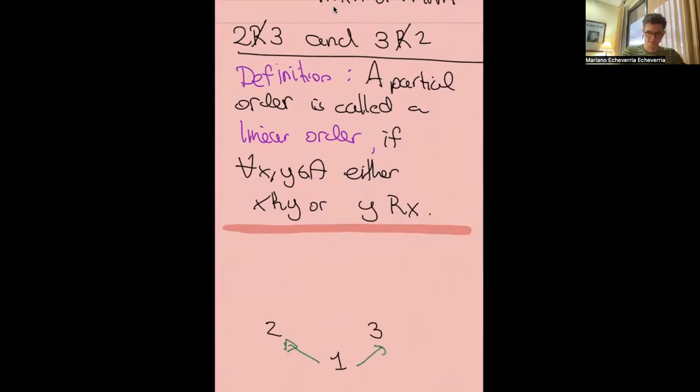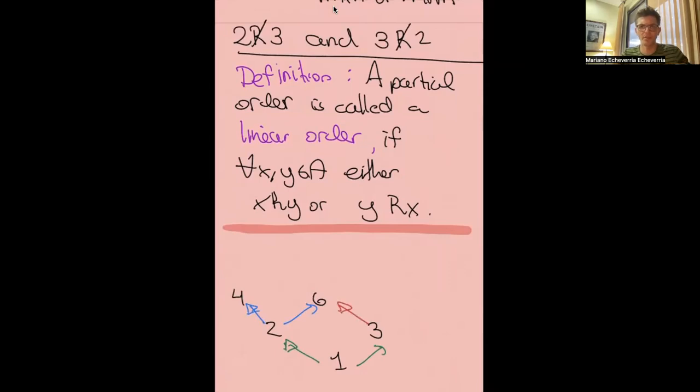But then 2 divides 4, for example, and 2 also divides 6, right? So you could make some lines from 2 to 4 and 2 to 6 to indicate that. At the same time, 3 also divides 6, and 3 also divides 9.